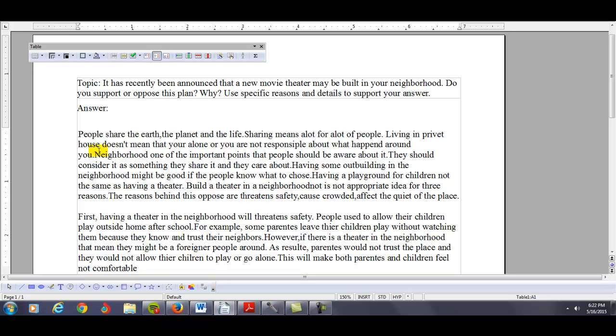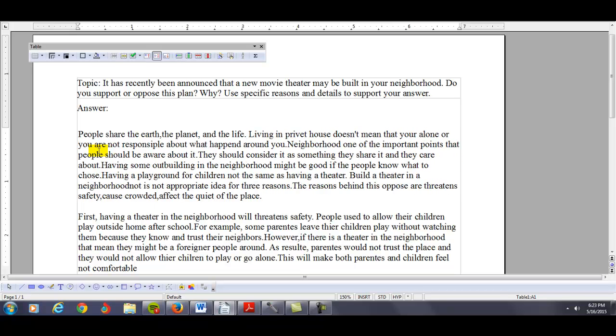So you have people share the earth, the planet, and the life. Probably you don't need this sentence here.